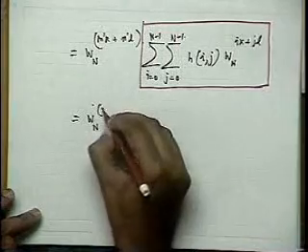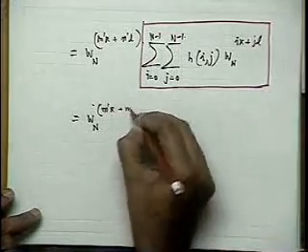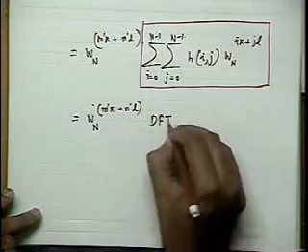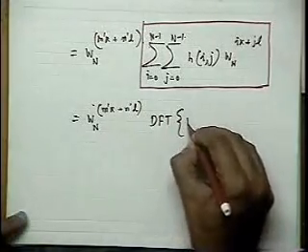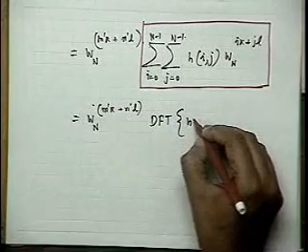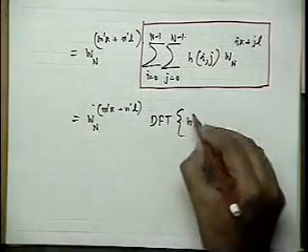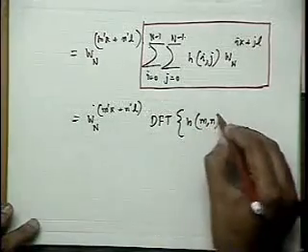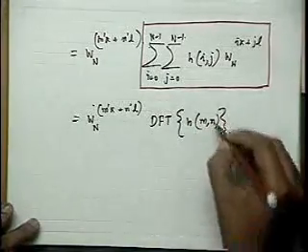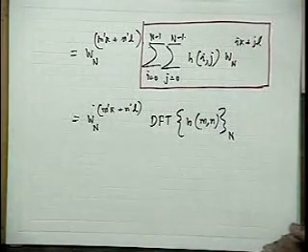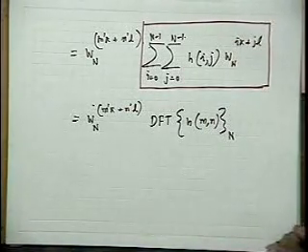So it is w to the base n m prime k plus n prime l, multiplied by simply DFT of h i j, or rather I can call it DFT of h m n also, because whether I choose indices i j or m n, to the base n, all right.